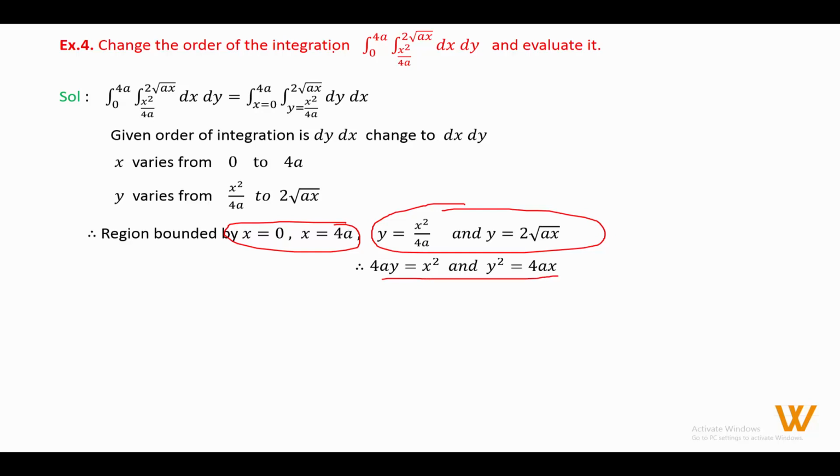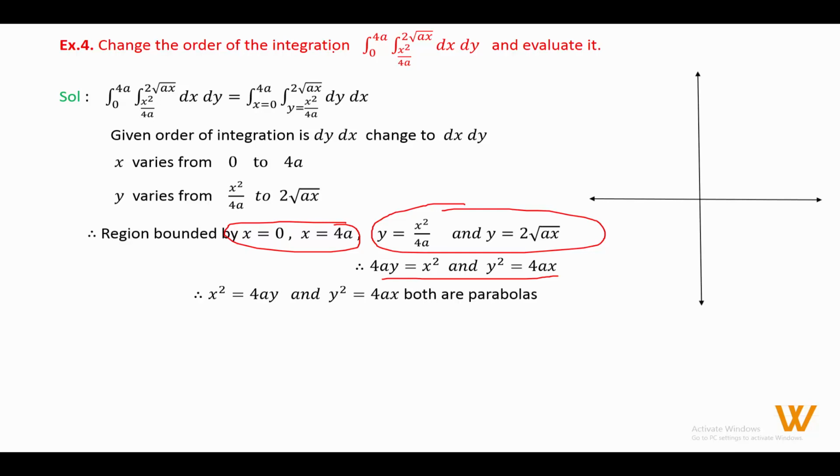Y square equal to 4ax is a parabola in standard form opening to the right side of the y-axis, and x square equal to 4ay is a parabola opening above the x-axis. Now draw the diagram. This line is the x-axis and this line is the y-axis.